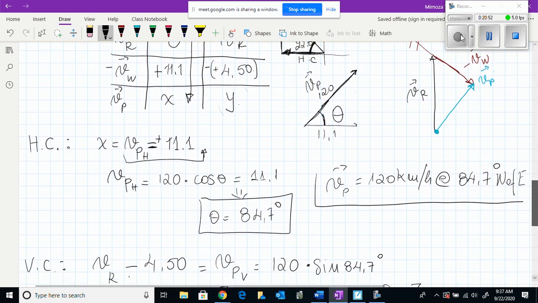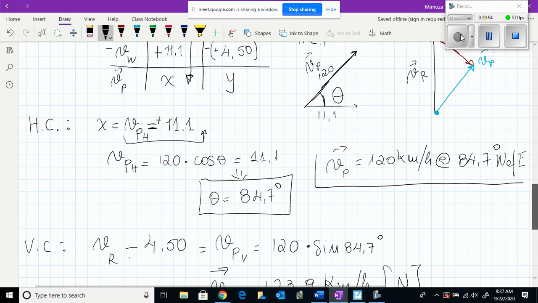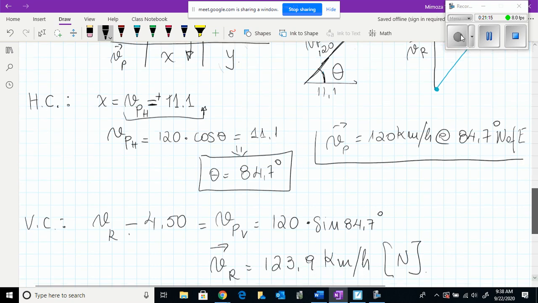What that means is that the plane has to head at 84.7 degrees north of east in order to end up north if the wind is 12 kilometers per hour at 22 degrees north of west.